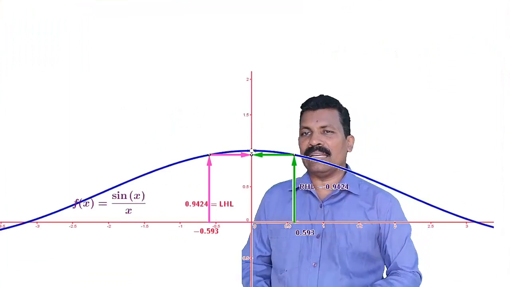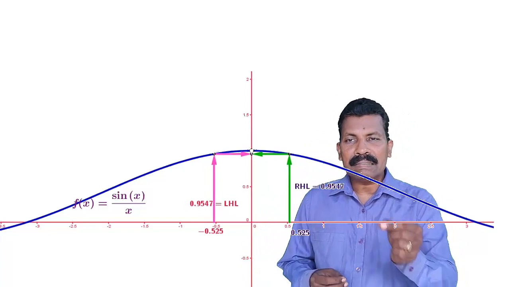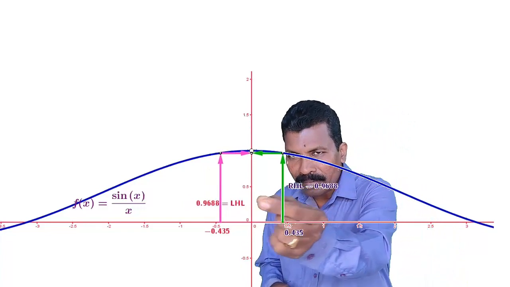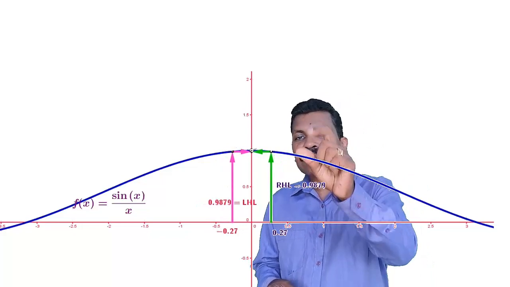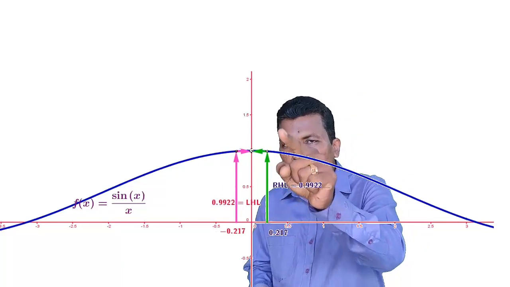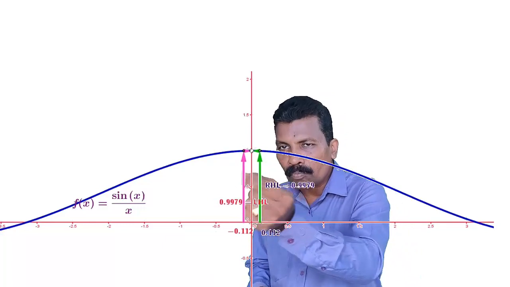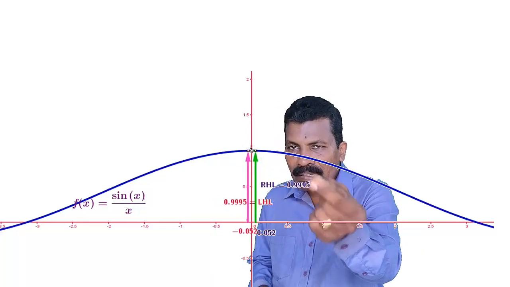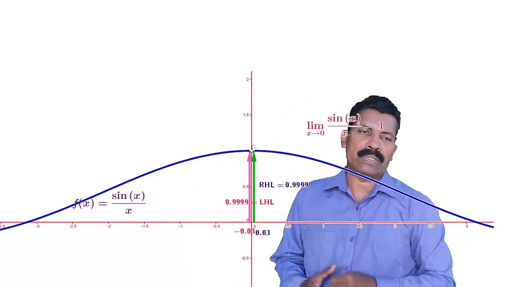Let us consider the graph of sin x by x. When x tends to 0 both from the left hand side and right hand side, what is happening to the f(x) value? It is tending to 1. That is, when x tends to 0 from both sides, in either case f(x) becomes 1.